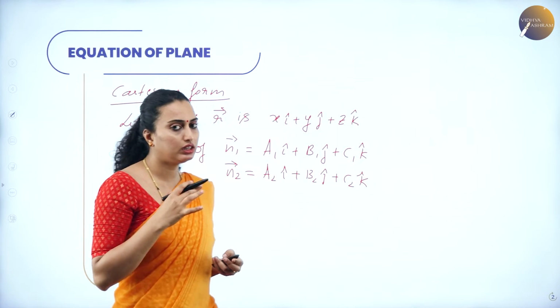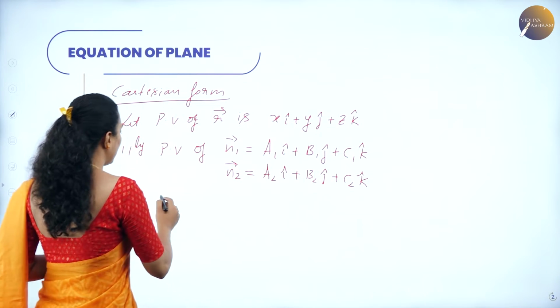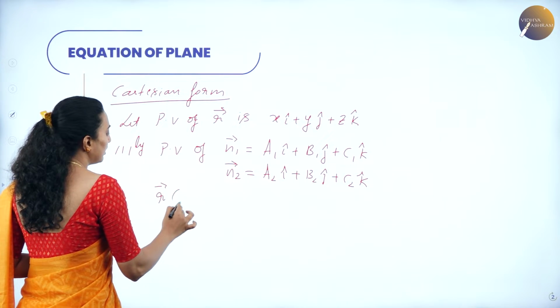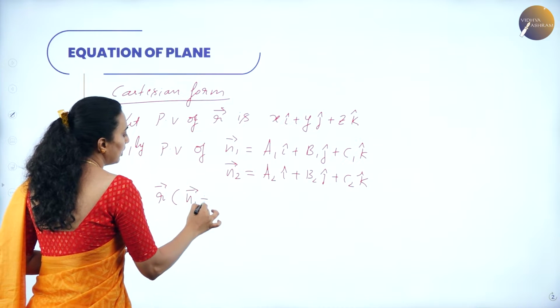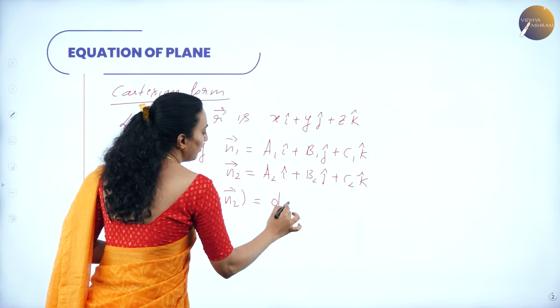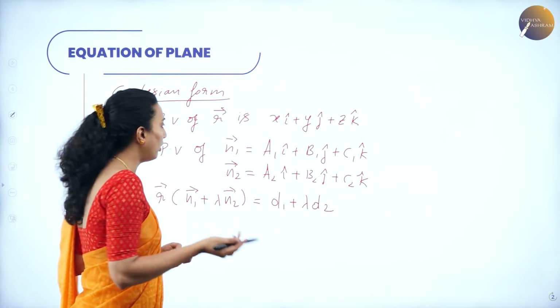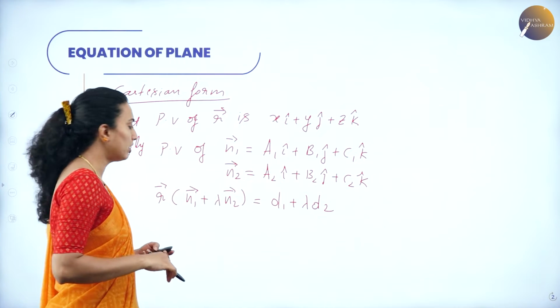Now substituting these values in the vector equation. What is the vector equation? You know already: r vector into n1 vector plus lambda into n2 vector is equal to d1 plus lambda into d2. Now you can substitute all these vectors here.